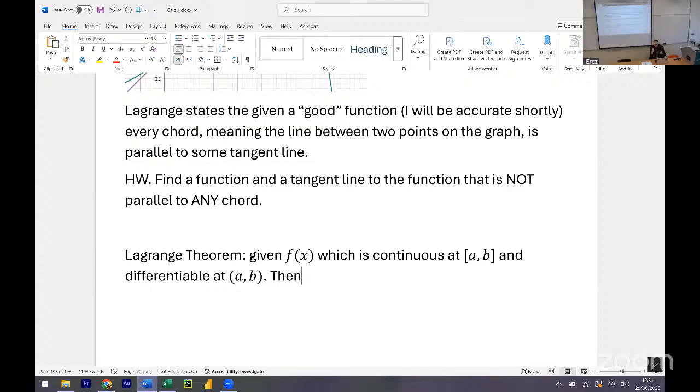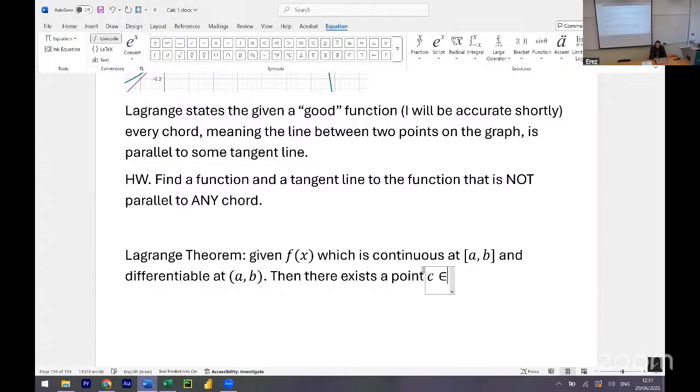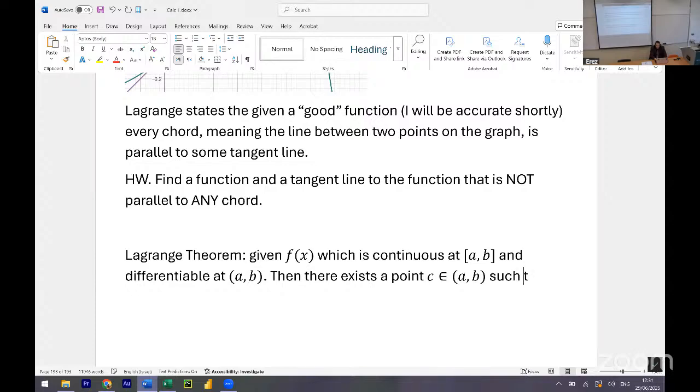Then there exists a point C between A and B such that, who measures the slope of the tangent line?